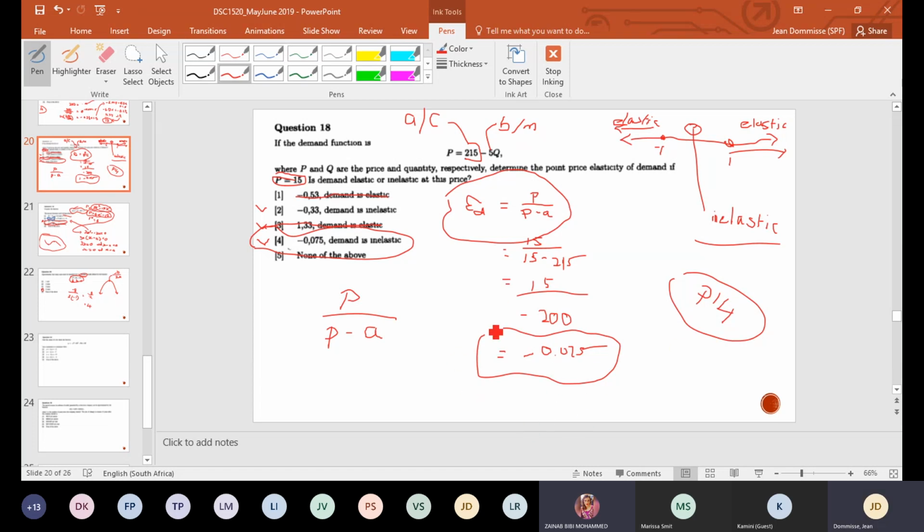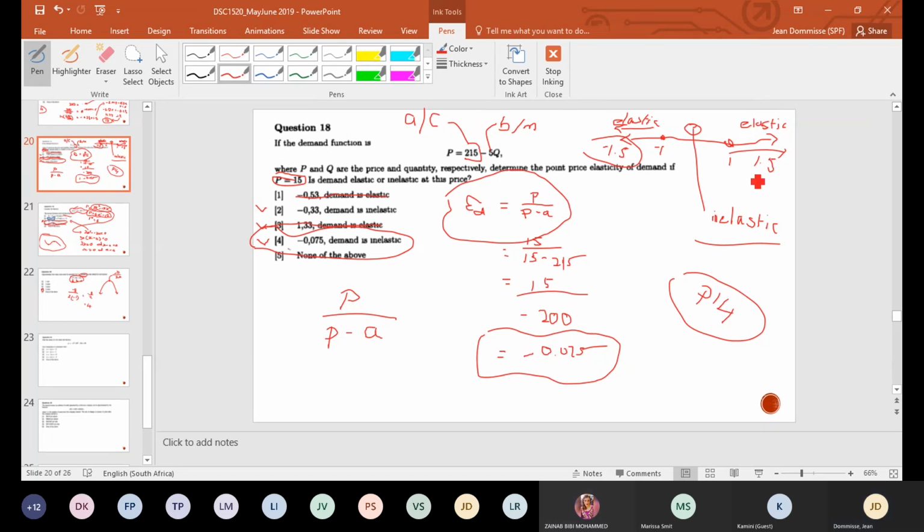No, but for me it doesn't matter whether the answer is negative or positive. If you had a minus 1.5, it will be elastic. If you make it the absolute value, it will be 1.5 and it will still be elastic.